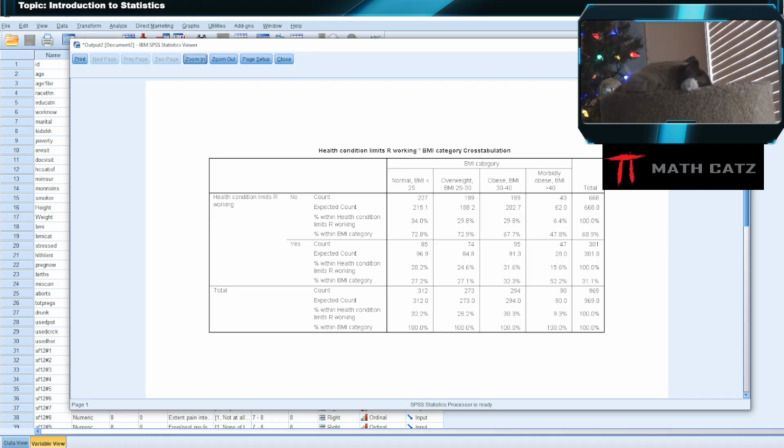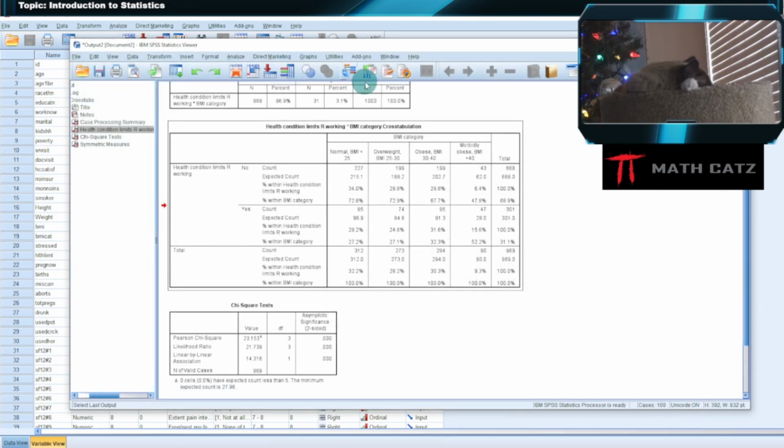So we can say there is very strong evidence to suggest that the BMI category is not independent from the health conditions that limit working ability. And it may be a risk factor, actually.